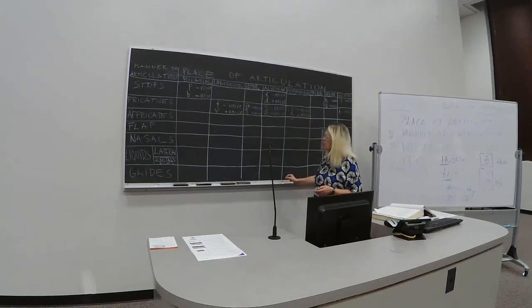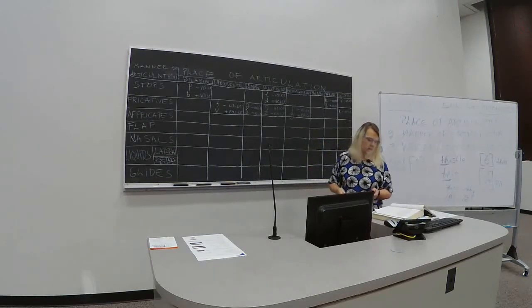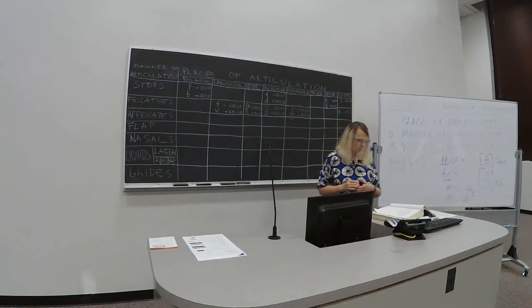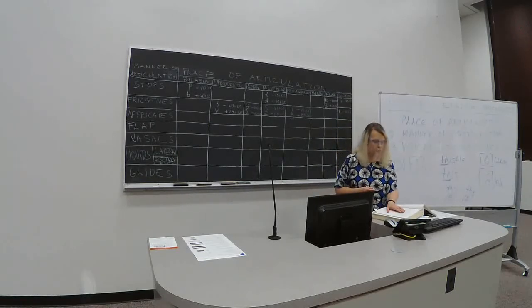Okay, so we have covered the two major categories of manners of articulation now in different places of articulation. And then the next one, which is affricates, is a combination of a stop and a fricative. English has only two affricates, and those are the sound ch and its voiced counterpart.